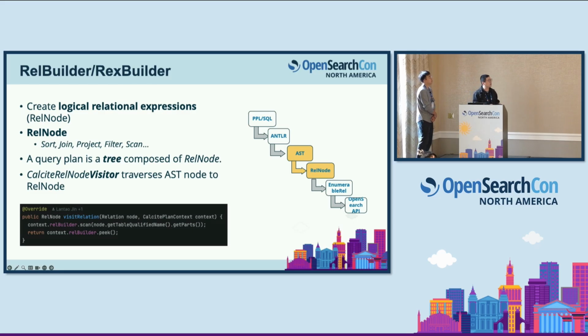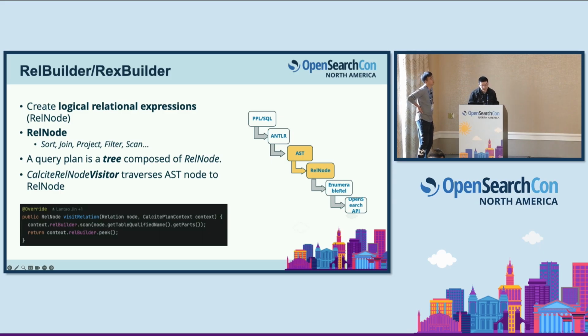This tool can help us create a logical relational expression, that's the RelNode. The RelNode has lots of definitions such as sort, join, project, filter, scan, etc. The RelBuilder finally helps us build a tree as a logical plan. So we created a visitor to transform the AST nodes and create RelNodes.